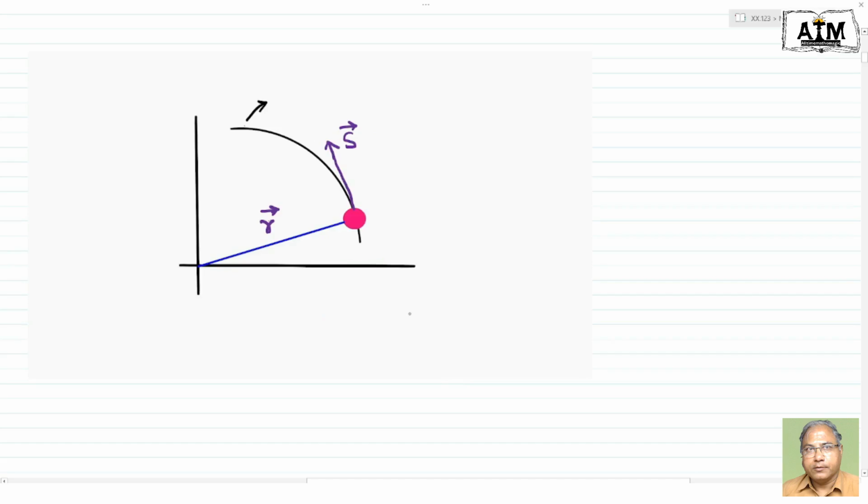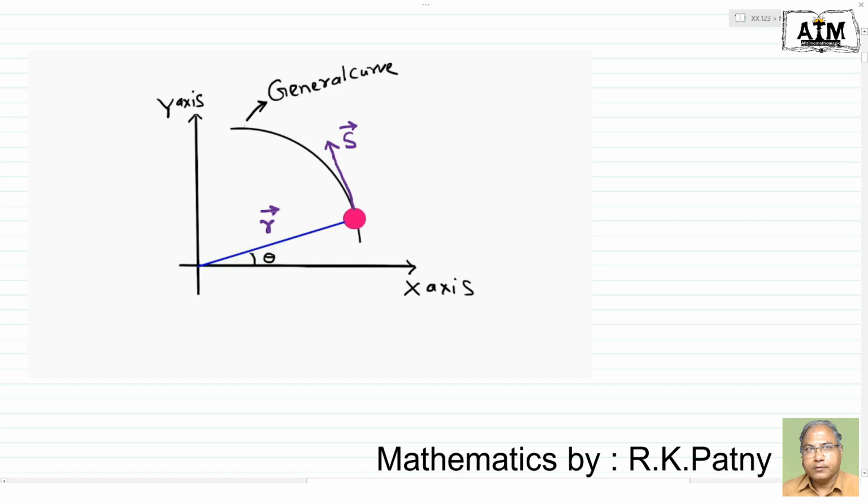Now, instead of a circular path, let us consider any general curve. Suppose this is any given general curve, and the radius vector makes an angle theta with the positive direction of the x-axis. And vector S is the transverse vector perpendicular to vector R.